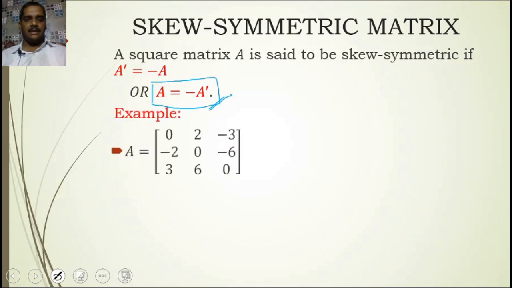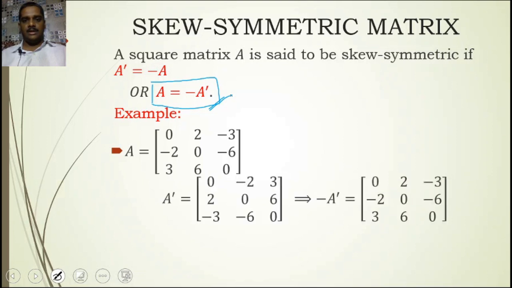Now let's see one example. Here is one example I have taken. I suggest you pause the video and compute its negative transpose. First compute its transpose, and after that compute its negative. That means you have to change the sign of each element of A transpose. Now you can pause the video and do it. I hope you all must have got this.